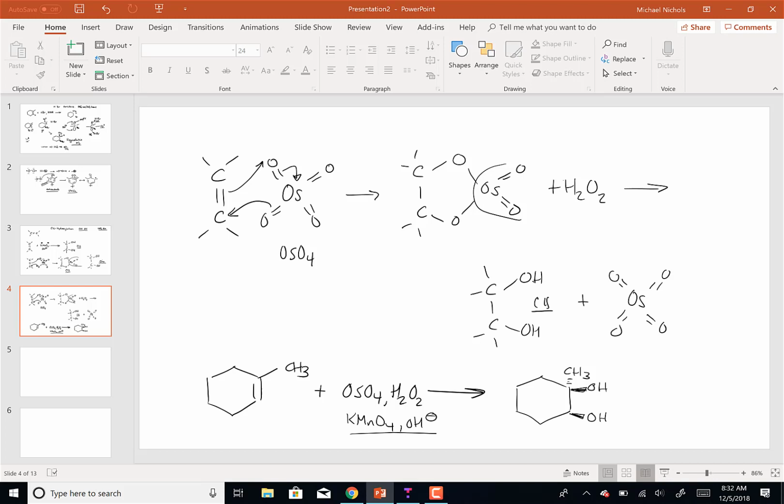All right, so this reaction is what? Is it regioselective? No. Is it stereoselective?